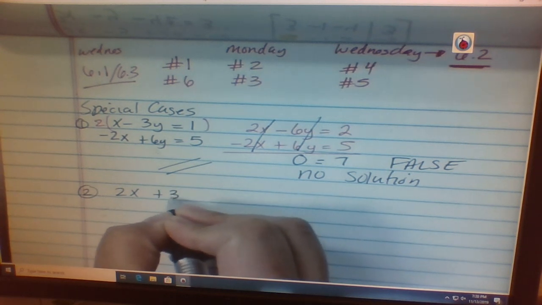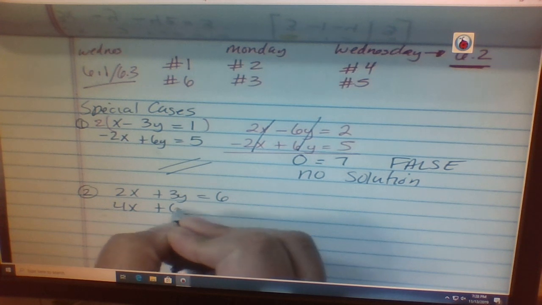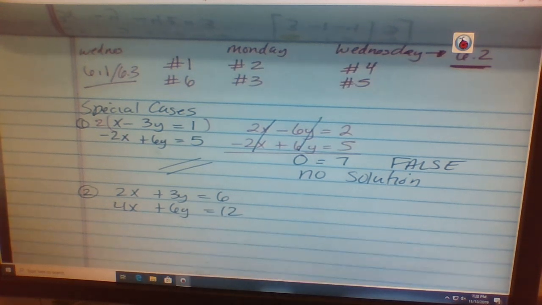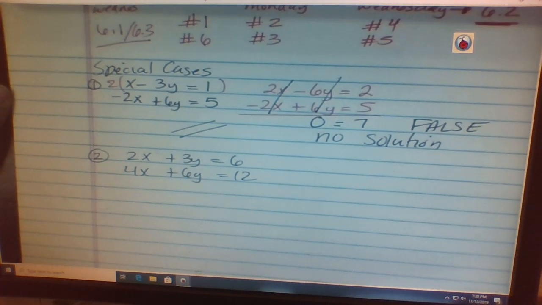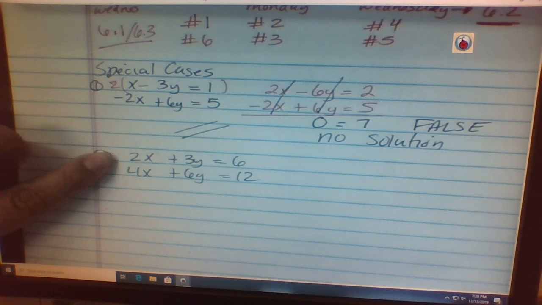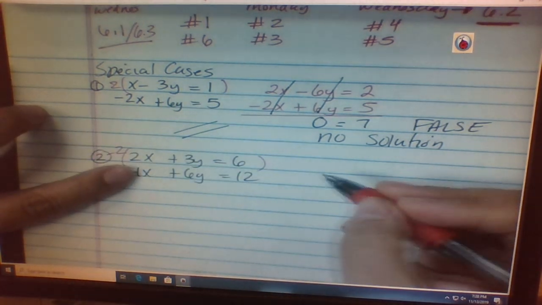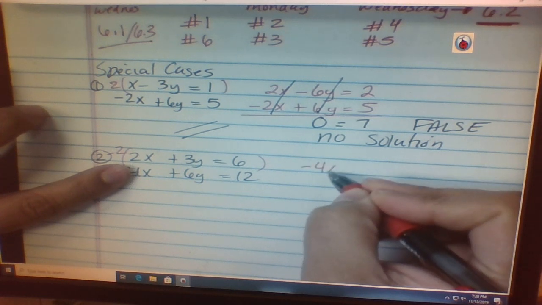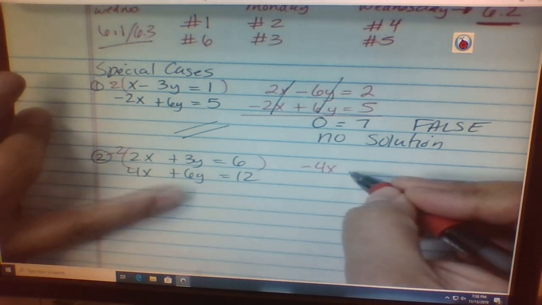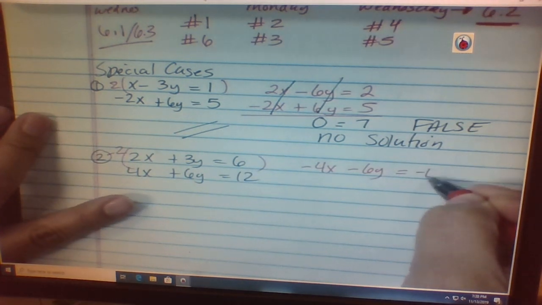Now, the second special case: 2x plus 3y equals 6, 4x plus 6y equals 12. I want to eliminate my x's, so I multiply the top by negative 2. Negative 2 times 2x is negative 4x, negative 2 times 3y is negative 6y, negative 2 times 6 is negative 12.